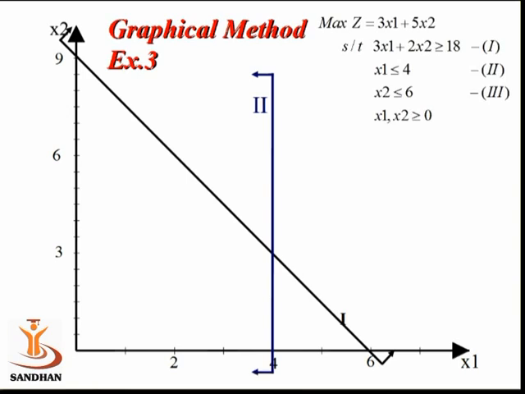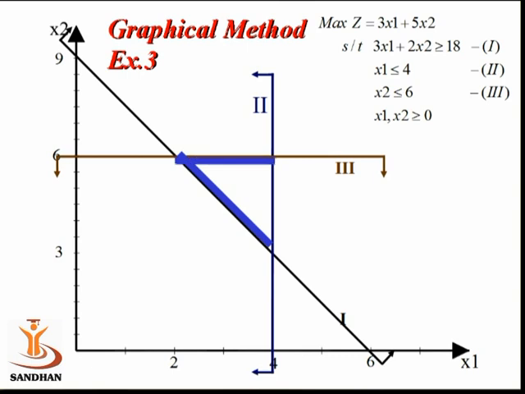The region on the left of line 2 is defined by this. Then we take x2 equal to 6, and the region below x2 equal to 6 is defined by this. Again, try to find the common region satisfying equations 1, 2 and 3. By proper observation, we can see that this is the region defined by all the 3 constraint equations and is going to be the feasible region.